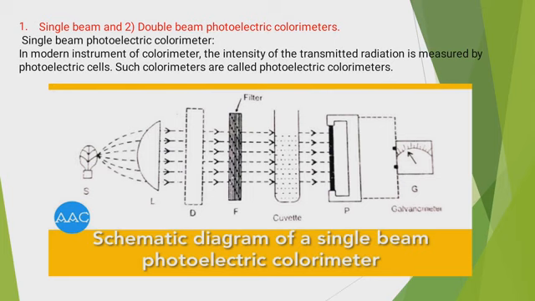Then the radiation falls on the cuvette, which we can simply call the sample cell, which absorbs and transmits the radiation.